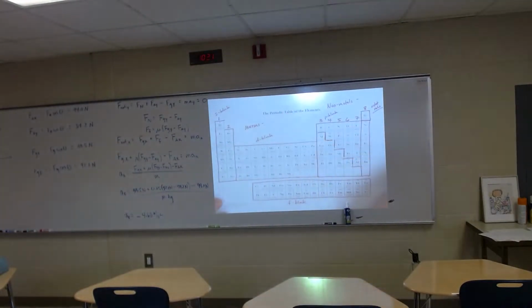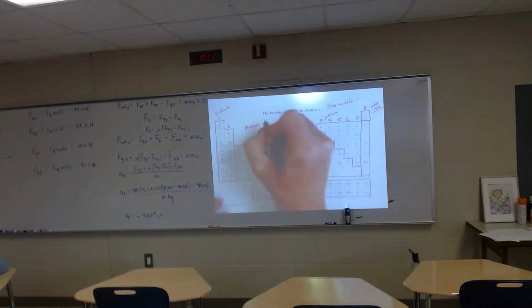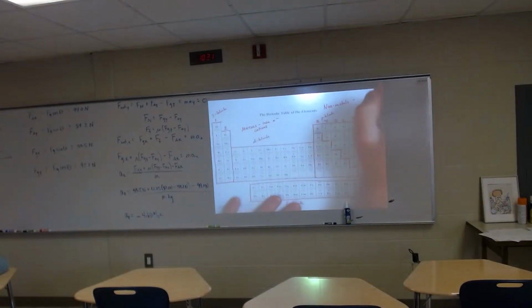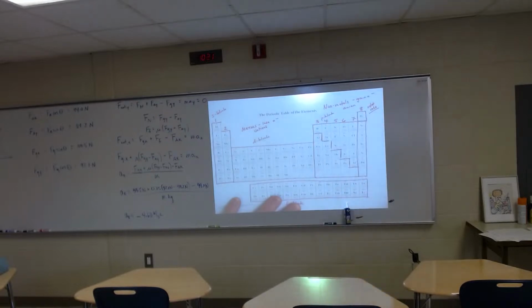They like to be like noble gases. One way that they get there is to lose electrons, which turns them into cations. One way that a non-metal can satisfy the octet rule is to gain electrons, which makes them an anion. Very good.